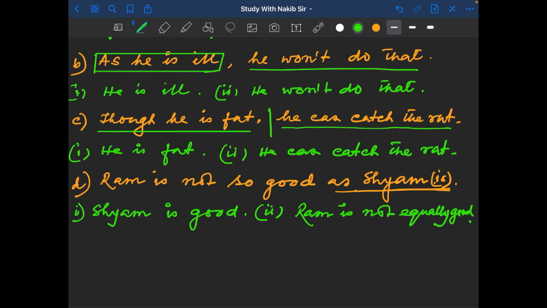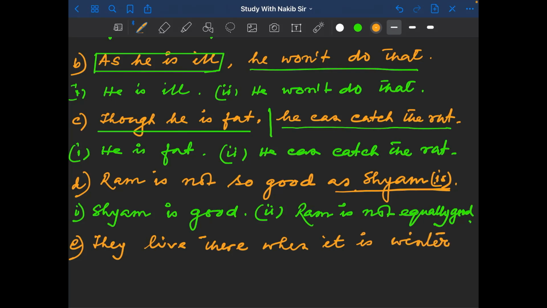Okay, another example, that is E. They live there when it is winter.